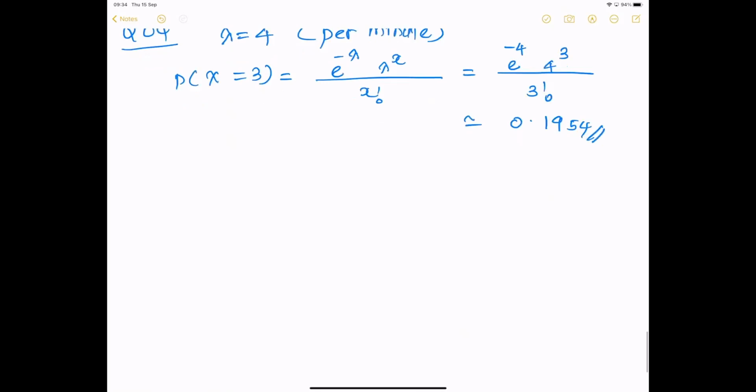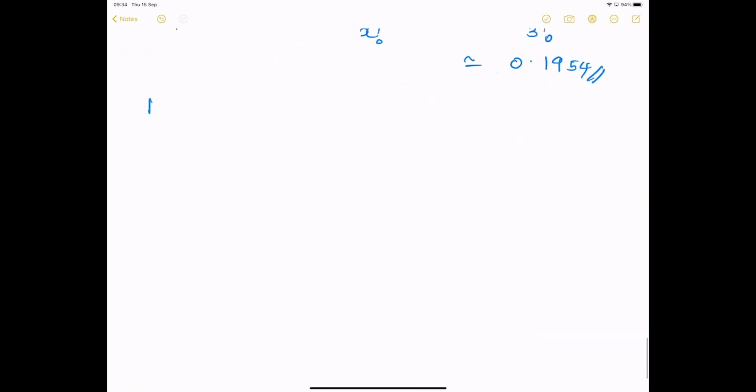Therefore, part B: one or more calls in the next 2 minutes. Clearly understand what the question says. In the previous case, the average rate was 4 calls per minute.